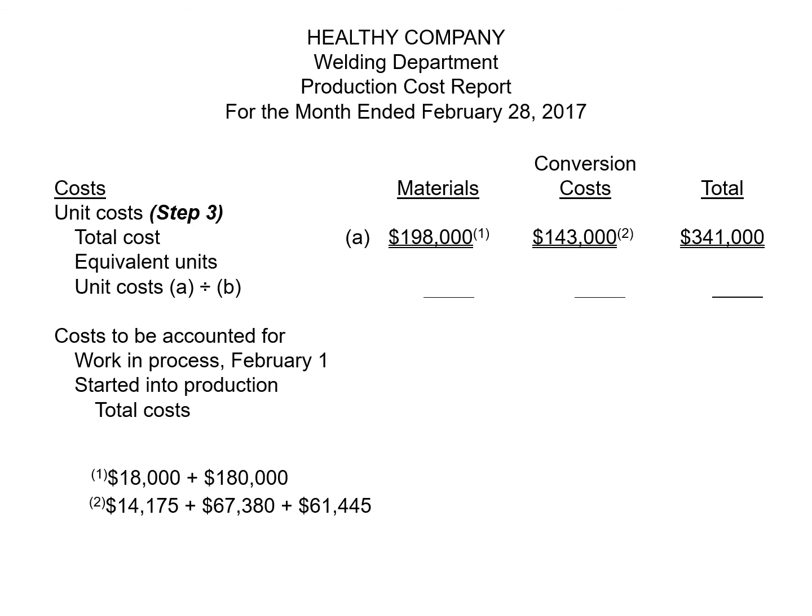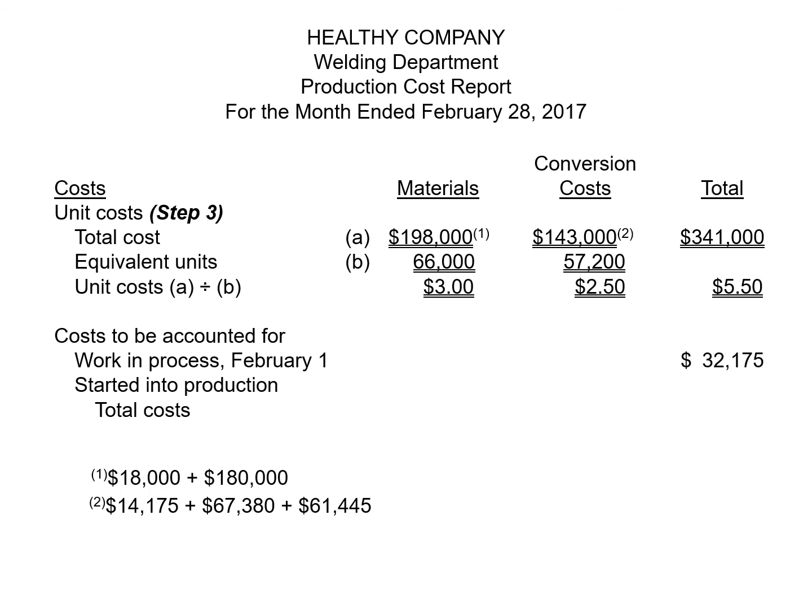If we divide those costs by the equivalent units, which we just found in step 2, we'll arrive at a unit cost for materials of $3 and a conversion cost per unit of $2.50. If we add our materials and our conversion cost per unit, we get a total manufacturing cost of $5.50.